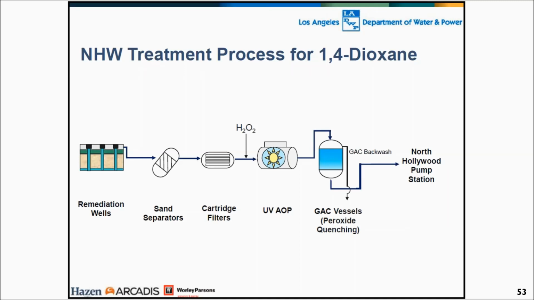And of course, upstream of the AOP, typically a lot of the large systems put in sand separators and cartridge filters because you don't want the UV sleeves to be broken. That would be kind of a disaster. So that's kind of an insurance policy.